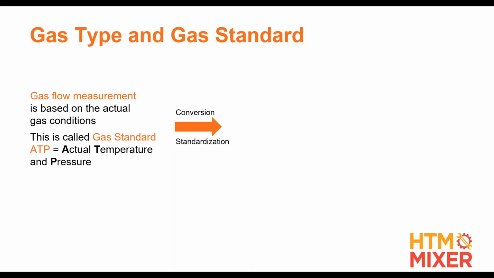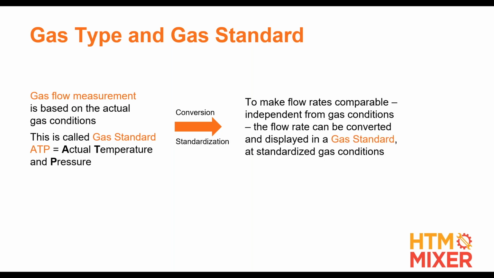So whatever we're getting from the device we're trying to measure is ATP, but we might want to display it in another gas standard. So we can convert that, use whatever gas standard we choose, and then display that, okay? How's that important to us?